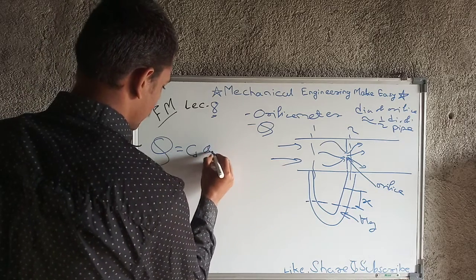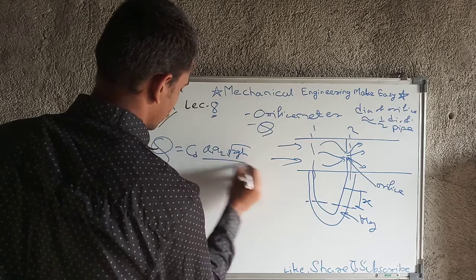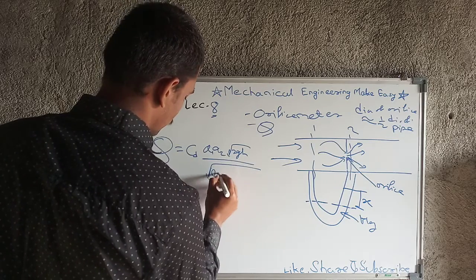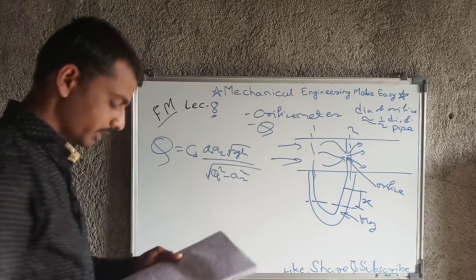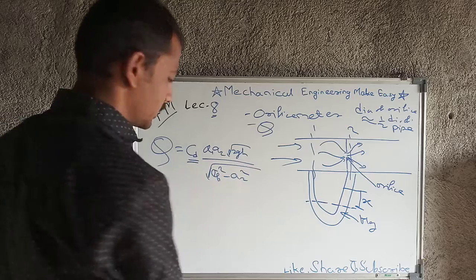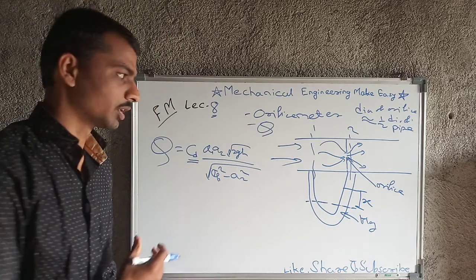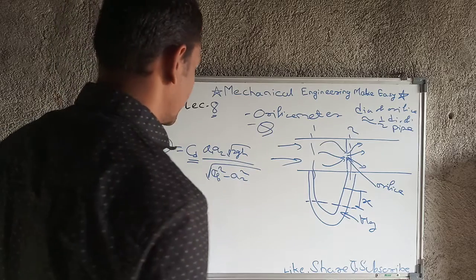Yes, the formula is the same: A1 A2 under root of 2gh upon under root of A1 square minus A2 square. This formula is the same, but the only change is the value of Cd. That value of Cd changes, and those exact values I will give you in the bonus point. So watch till the end.